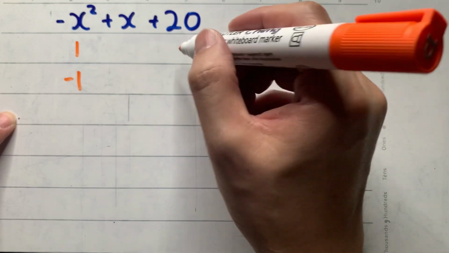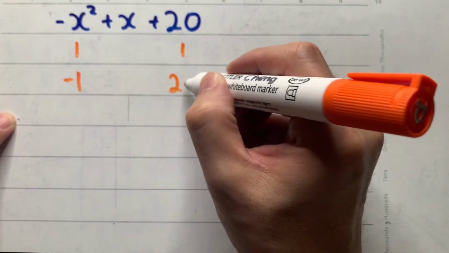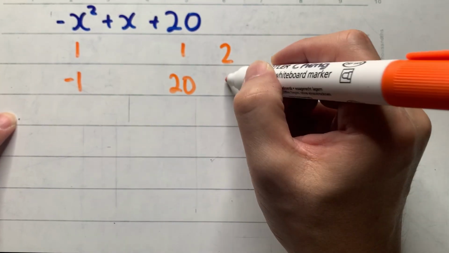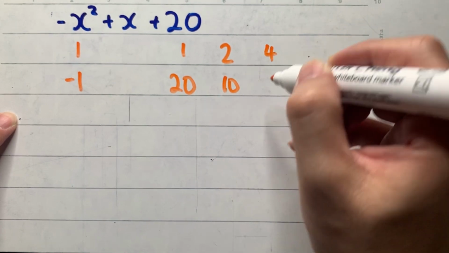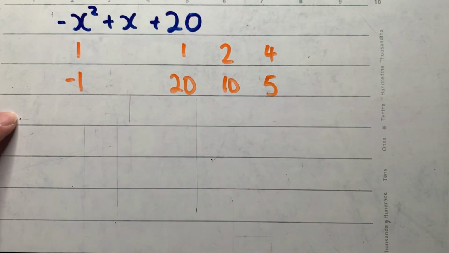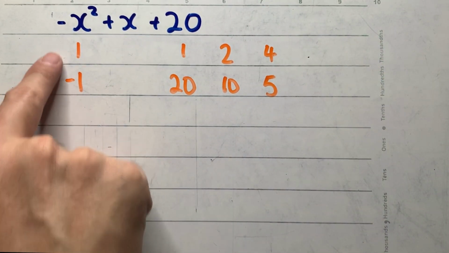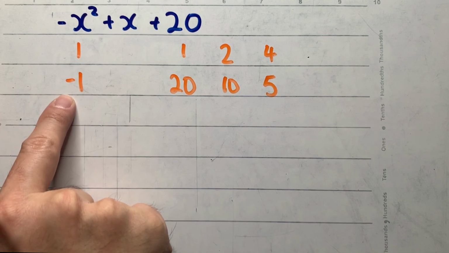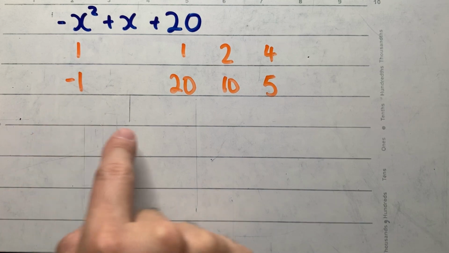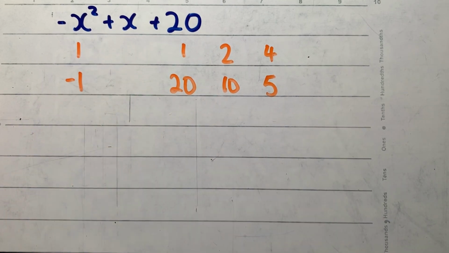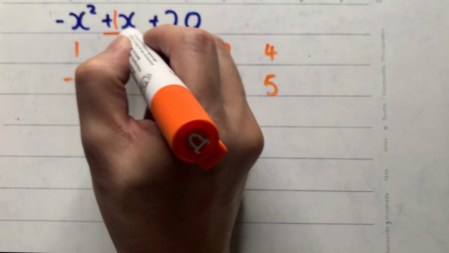What about the factors of 20? 1, 20, 2, 10, 4, and 5. Now, because we don't know where the -1 is going to go right now, or do we? We want to end up with a positive 1x here.